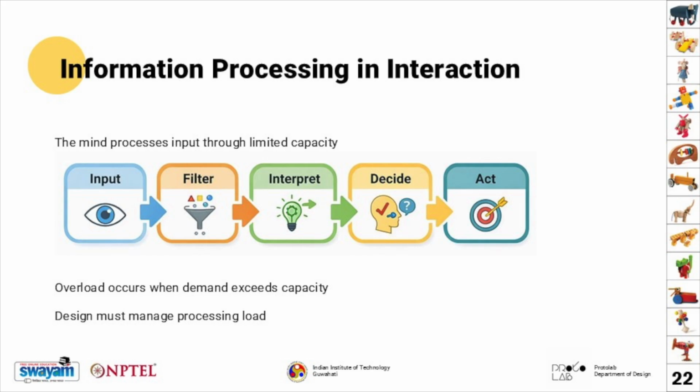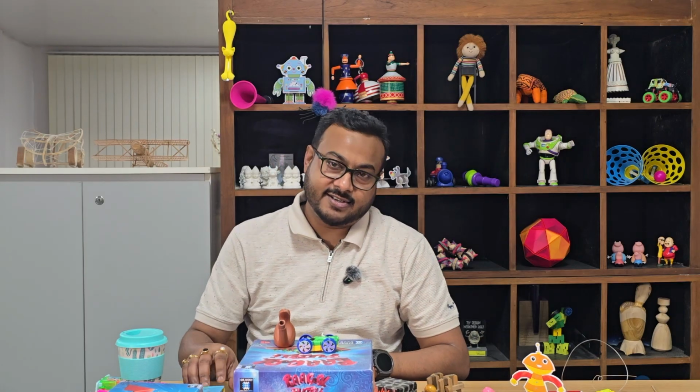Instead of presenting all possibilities at once, interaction should reveal complexity gradually. Good toys distribute cognitive effort. Poorly designed toys concentrate it. Cognitive ergonomics is therefore the management of processing load across interaction.